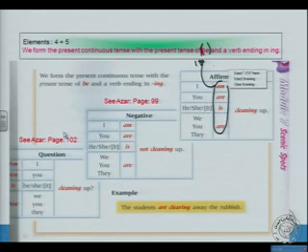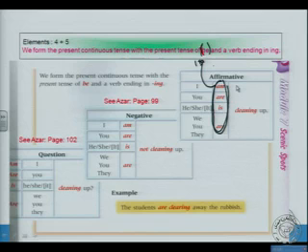We call these the present tense of be. Okay? Right here. So these are the present tense of be.